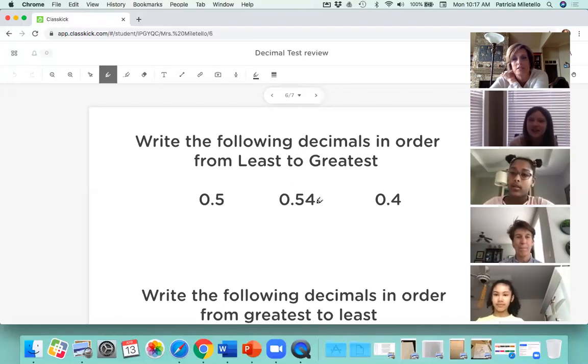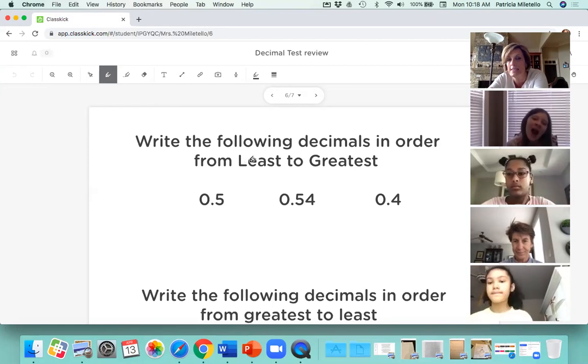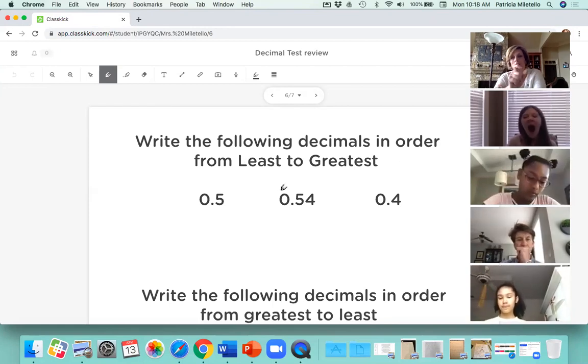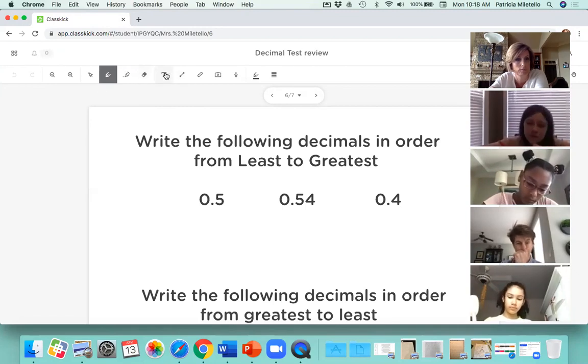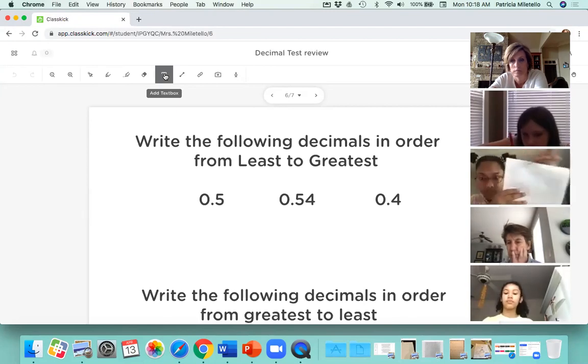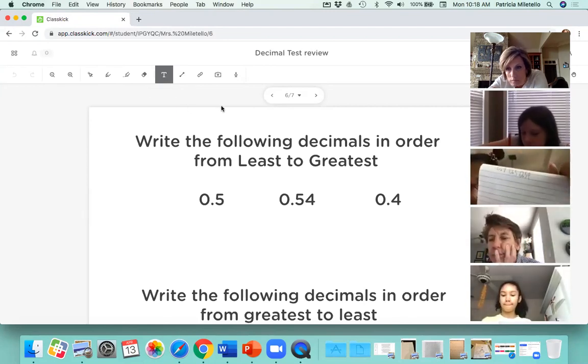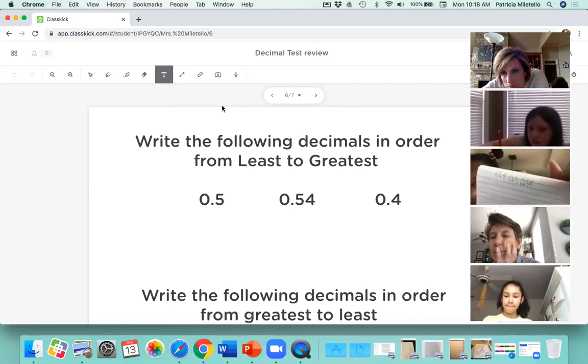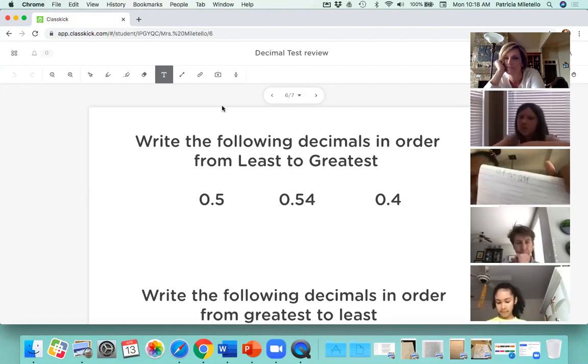All right, so these 3 decimals, let's write them in order from least to greatest. So the smallest one to the biggest one out of these 3. Four, five, five, four. Good job, Adeline.